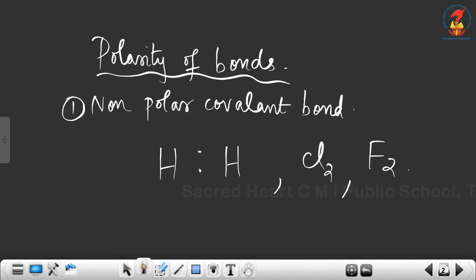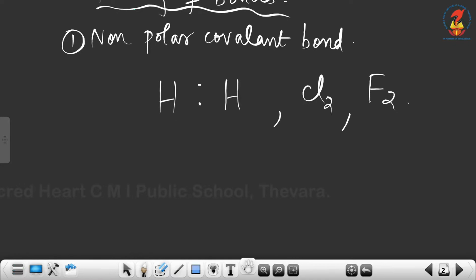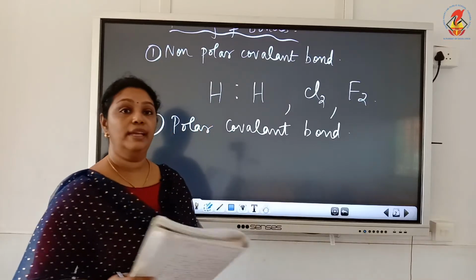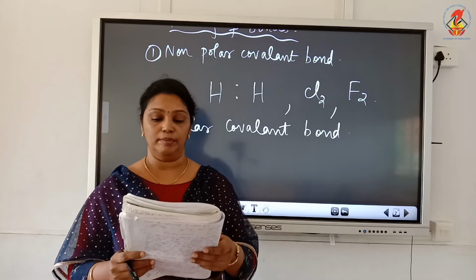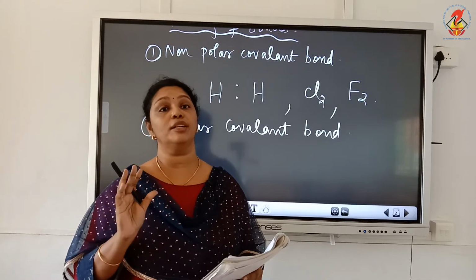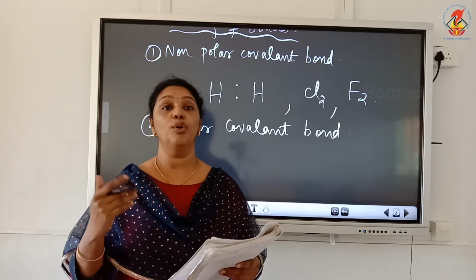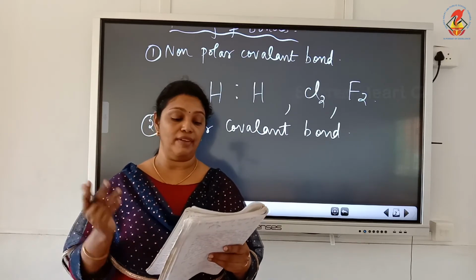So we have a second type of covalent bond, which is called the polar covalent bond. In this polar covalent bond, the shared electron pair, that is the bond pair, will be displaced more towards the electronegative atom.